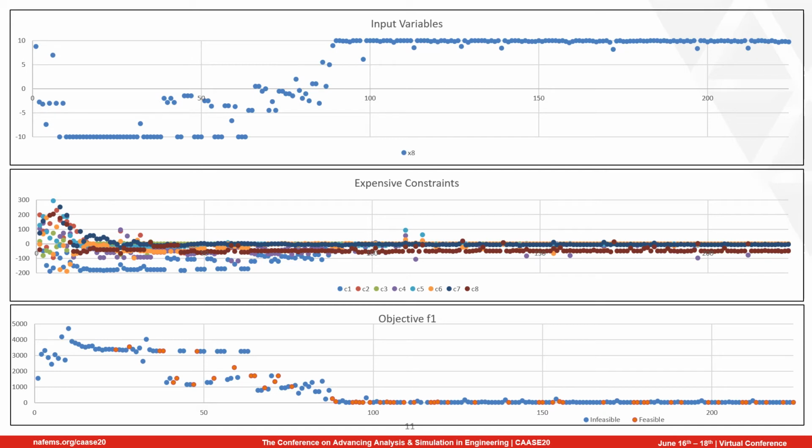For all the remaining 9 input variables, they've been changed by Oasis at every function evaluation. And before 50th iteration, as you can see, we have a couple of feasible designs, and the expensive constraint values are much more stabilized compared to the beginning of the optimization run.